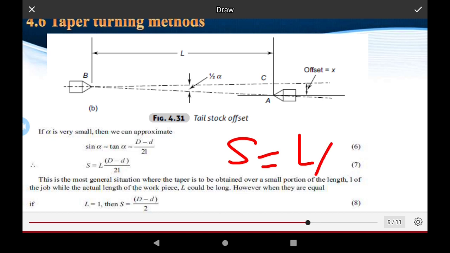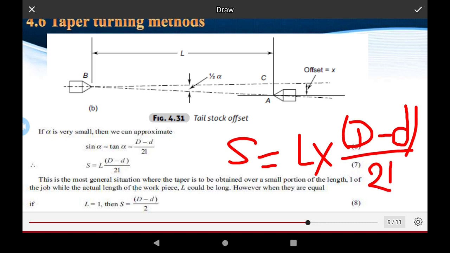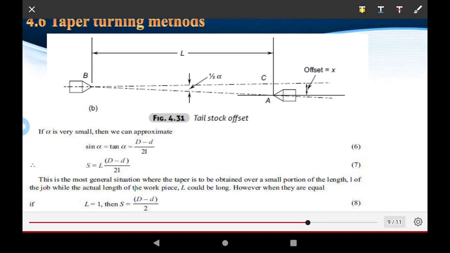Okay, and this is how to find the offset value of the figure. Okay, this is the offset value.